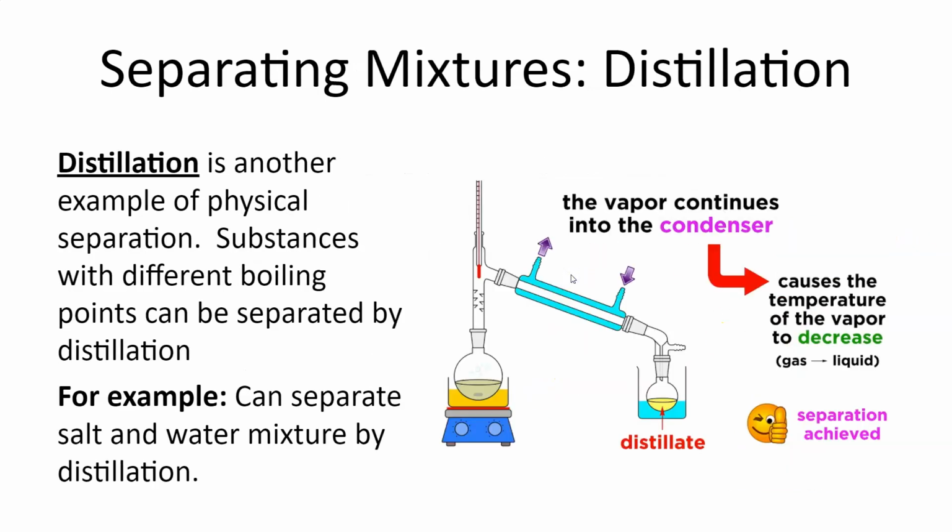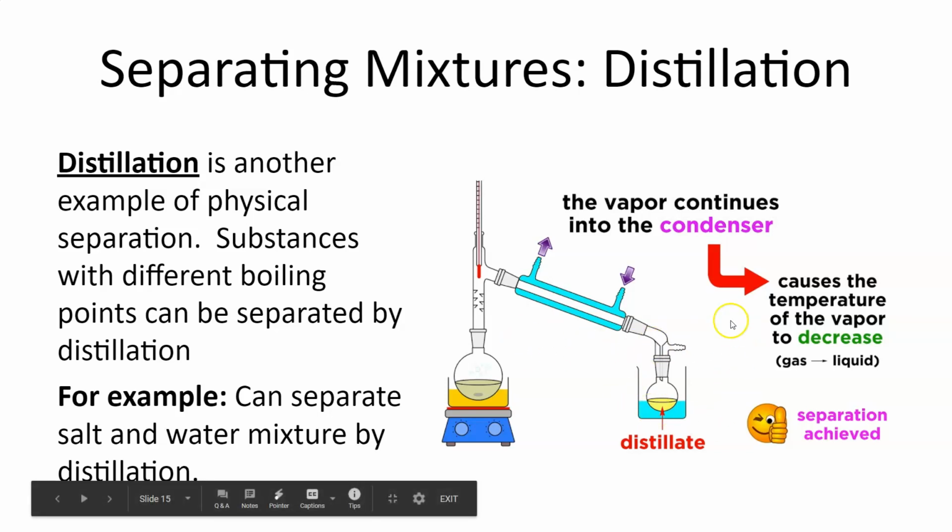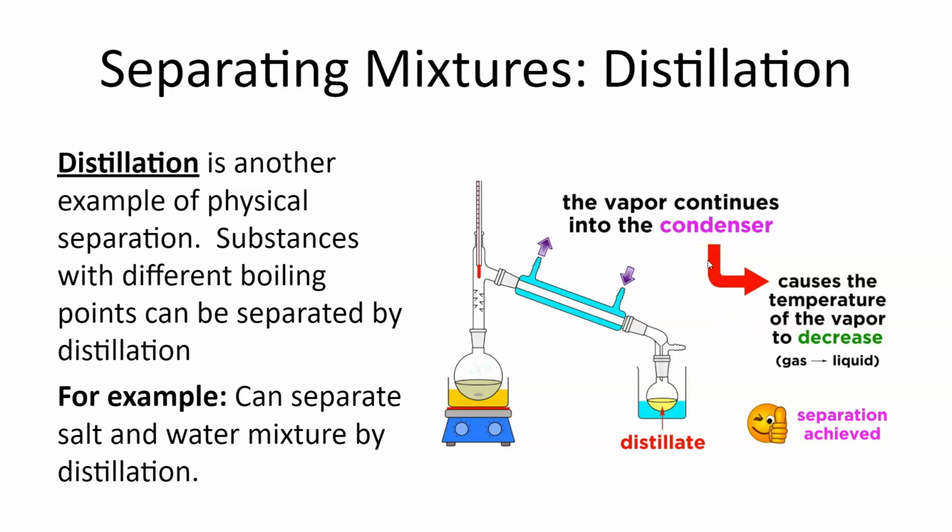Another example of a separation that can be used for a mixture is distillation. So distillation is when you're separating things based on their different boiling points. So things that have a lower boiling point will boil off first, and you can sort of collect it as your distillate here. But once again, when you're doing a distillation, you're not changing the substance.